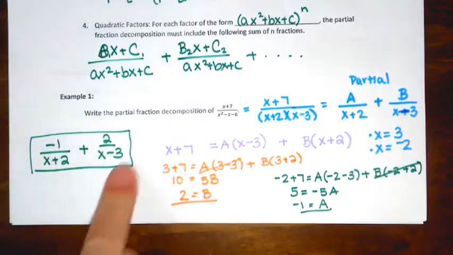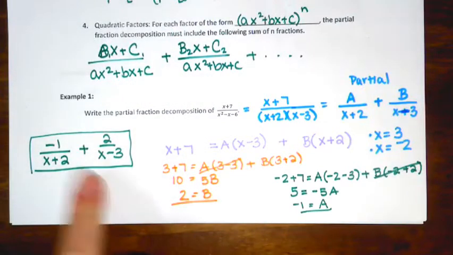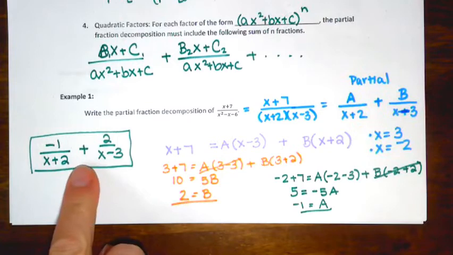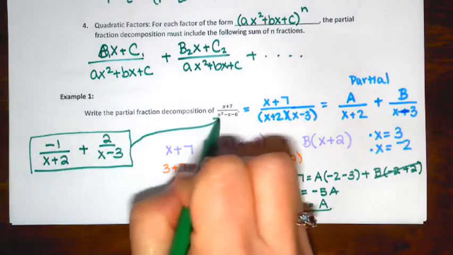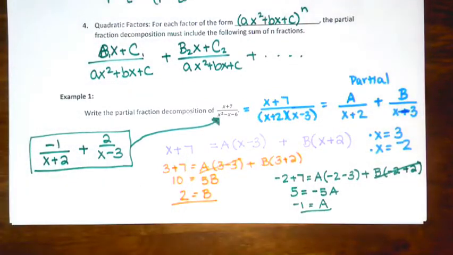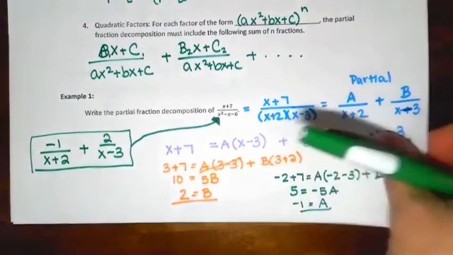So now if I would go to add these up, actually find my common denominator, I would end up with what? x plus 7 over x squared minus x minus 6. And there you go. Any questions with that one? No. Okay. All right. Next one here.